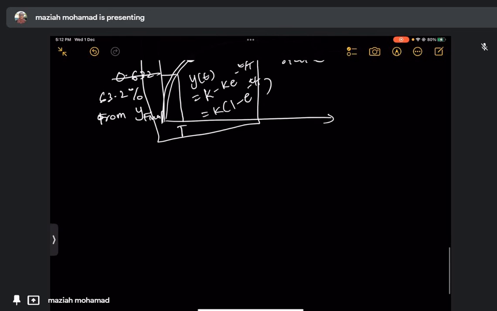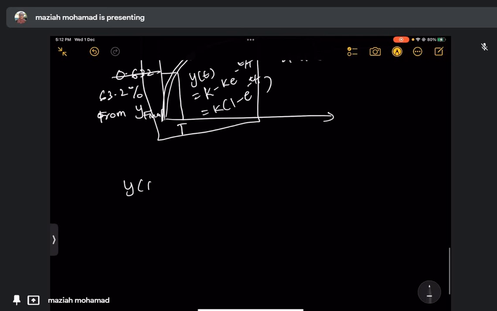Okay, your friend's solution for the problem just now: y(t) equal to K times 1 minus exponent negative t over 1.25.